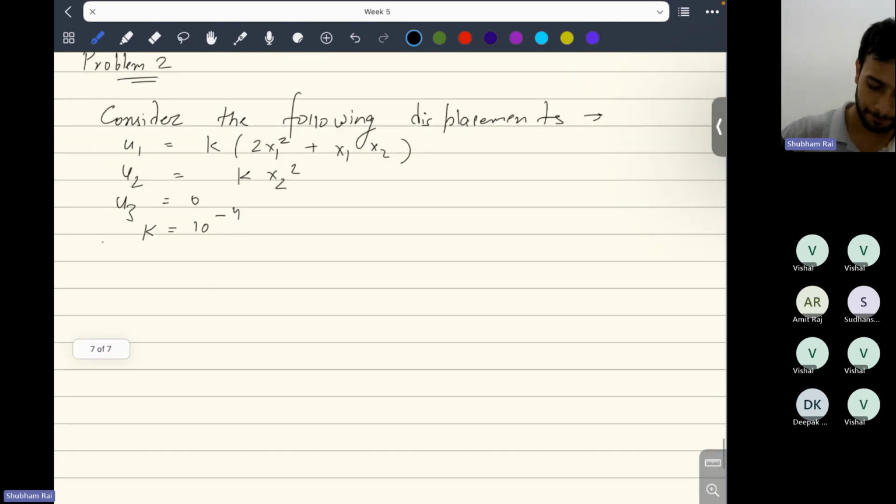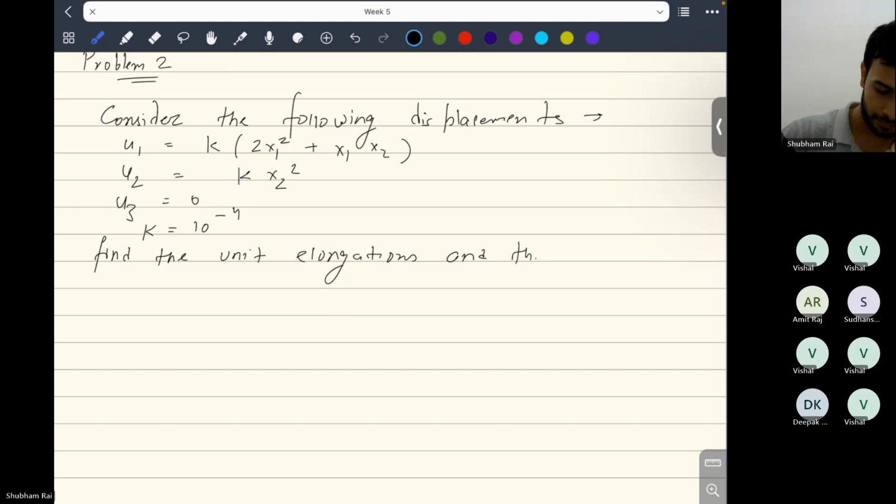To find the unit elongations and the change of angles for two material elements.